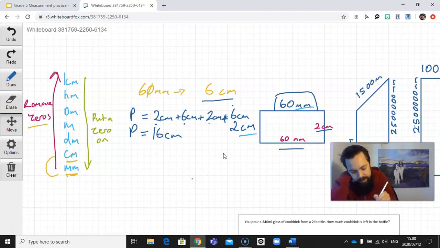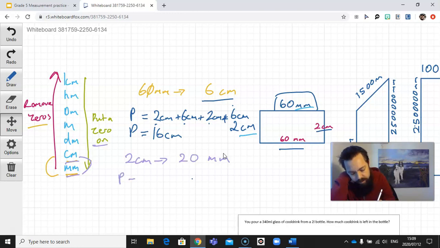All right, so I need to convert my 2 centimeters into millimeters. Well, centimeters to millimeters is one jump. I need to put one 0 on. So I end up with 20 millimeters.